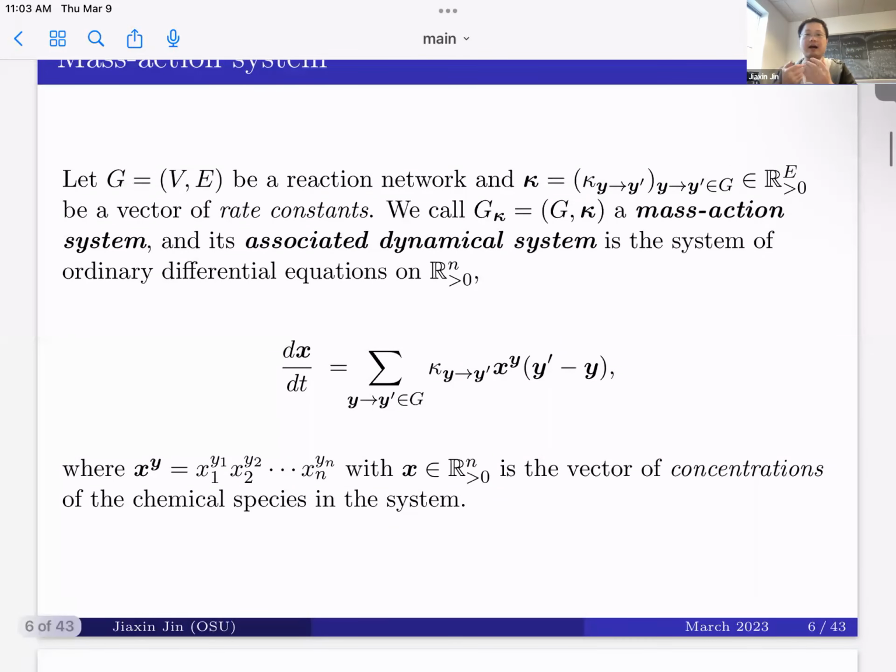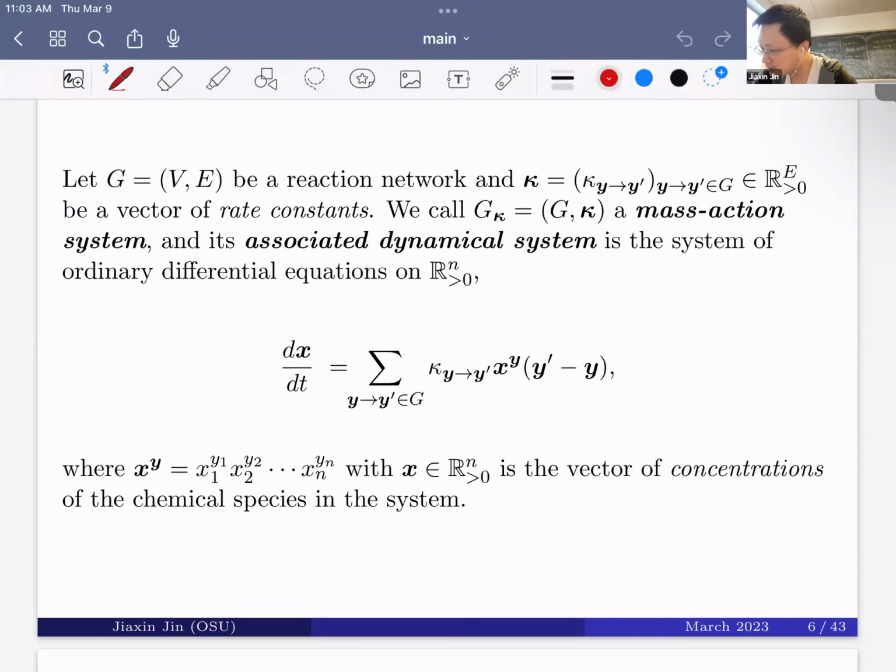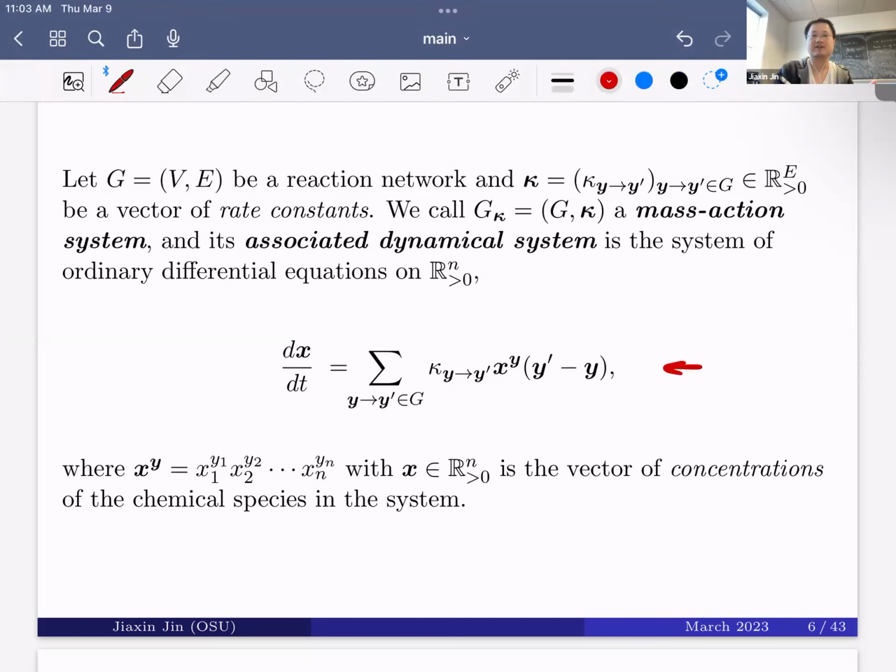Once we are given k as a vector of reaction rate constants, we can build the so-called mass action kinetic system, and we can find its associated dynamical system. On the left-hand side we have dx over dt.